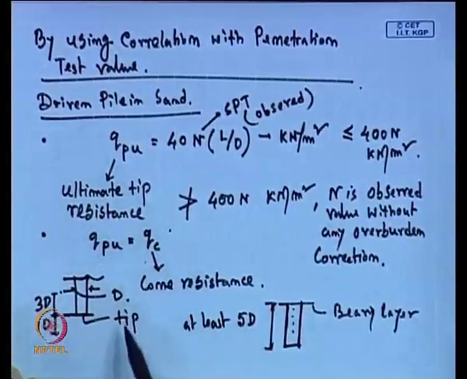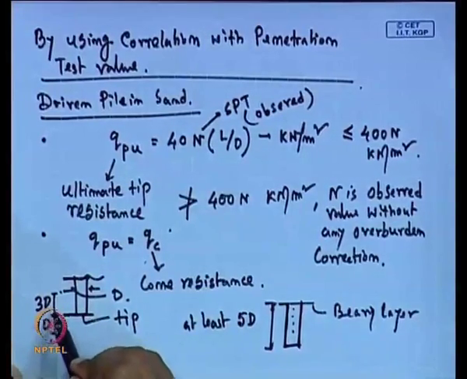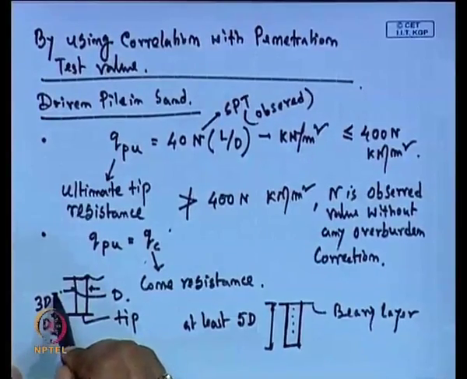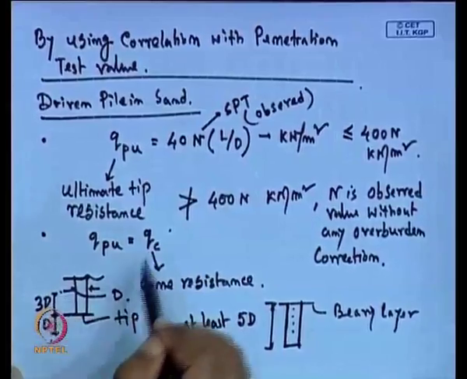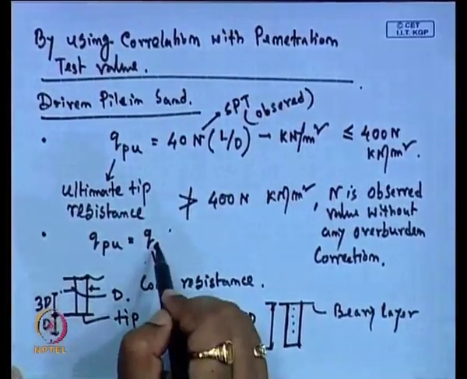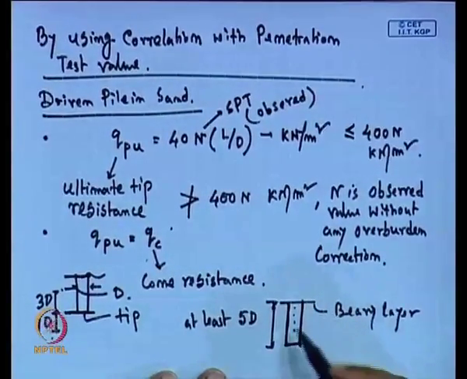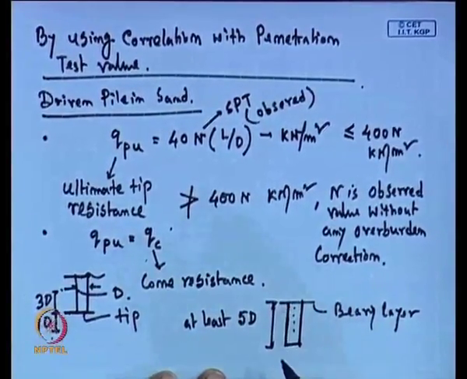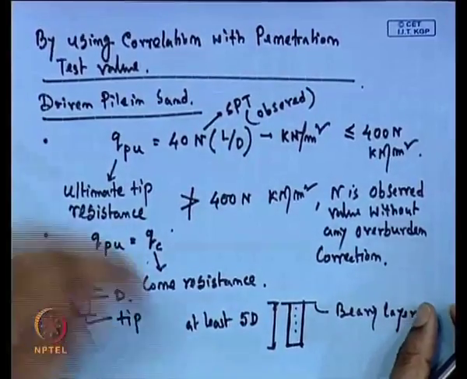Now, here the Q C value is the average over the 3d above the tip and 1d below the tip; this average of the 4d zone gives the average Q C. And to get the full resistance of any bearing strata, the pile has to be penetrated at least 5d within it. Now, we are talking about the ultimate tip resistance, so how to get the friction resistance?